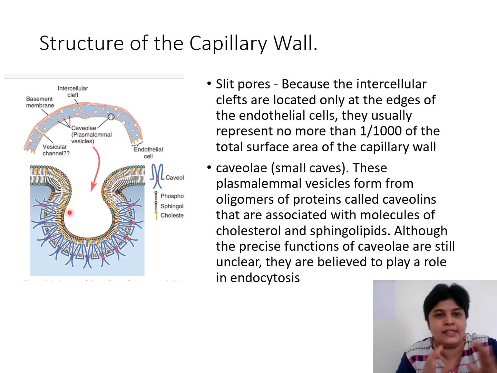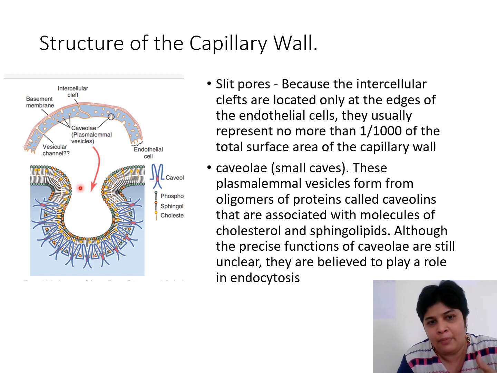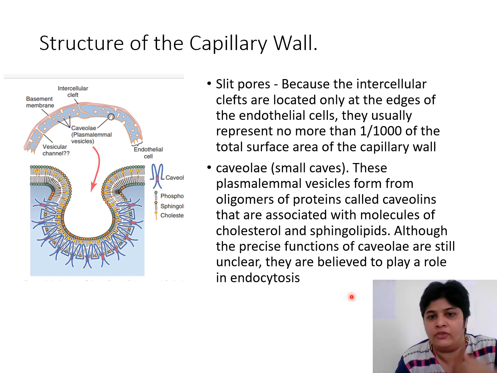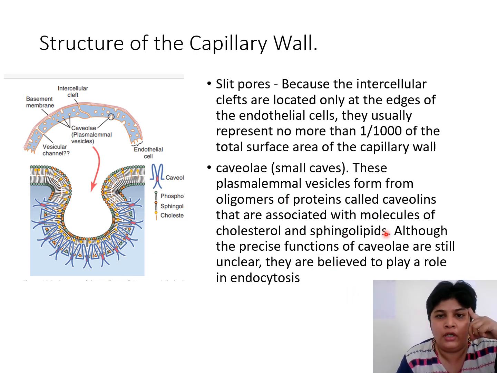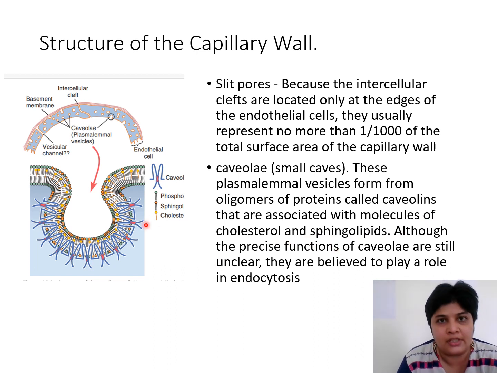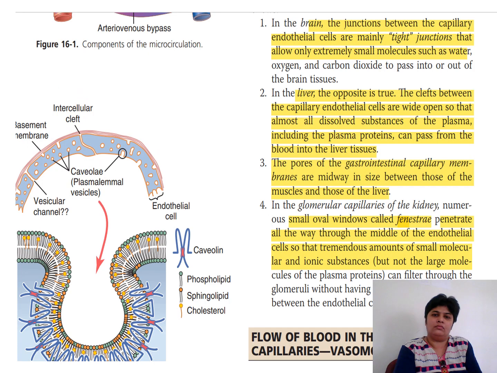Scientists are still studying them, but they propose a theory that they are helpful in rapid exchange of things. They are made of the common protein called caveolins, cholesterol and sphingolipids. Ready? They are helpful in endocytosis.